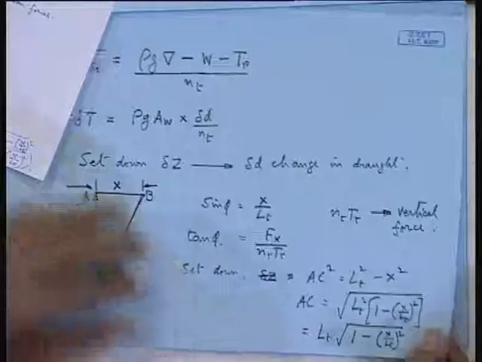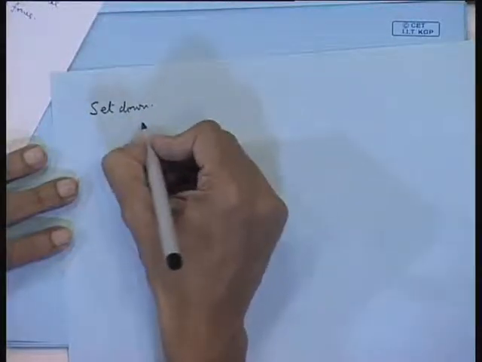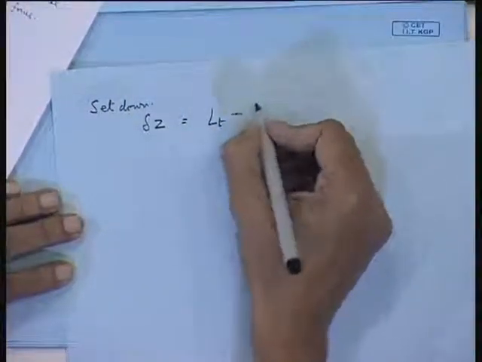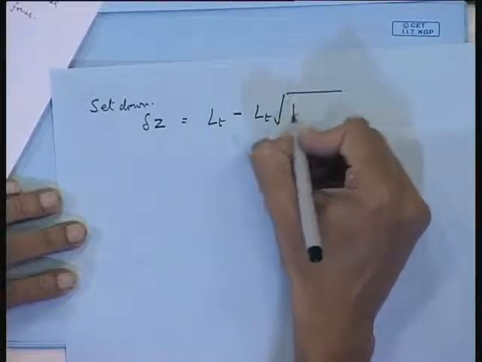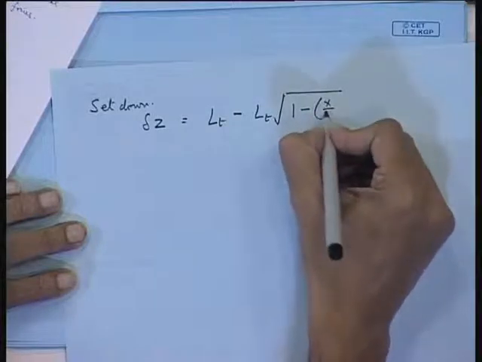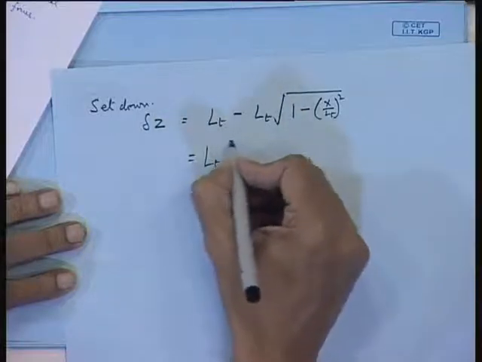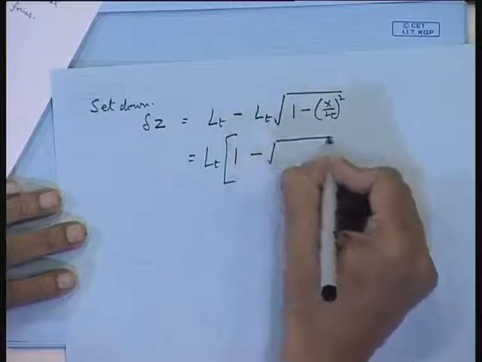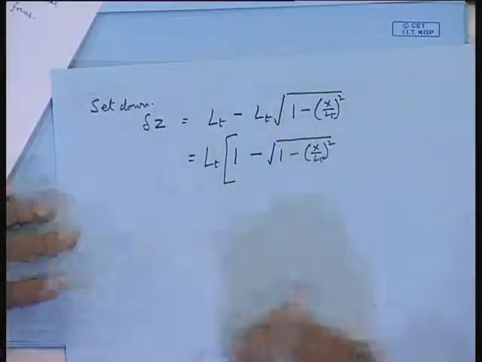So, now what is your set down? So, set down delta z, this will be LT minus LT into root over 1 minus x over LT square. So, this if you simplify, this comes to LT into 1 minus, so this is your set down.